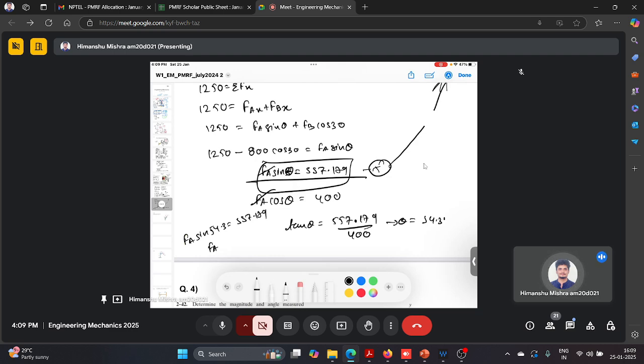So Fa will come out to be around 687 Newton.